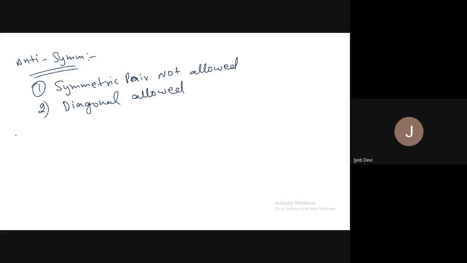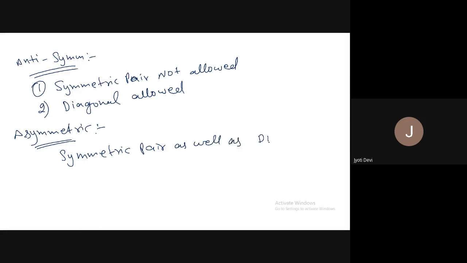Next is asymmetric. In asymmetric, symmetric pairs as well as diagonal elements are not allowed.